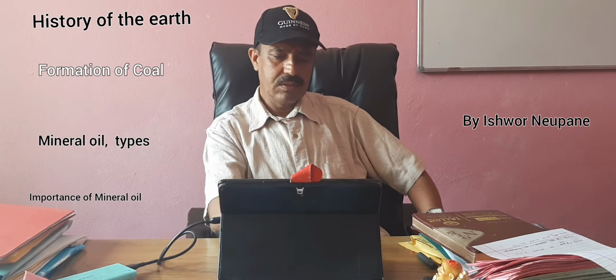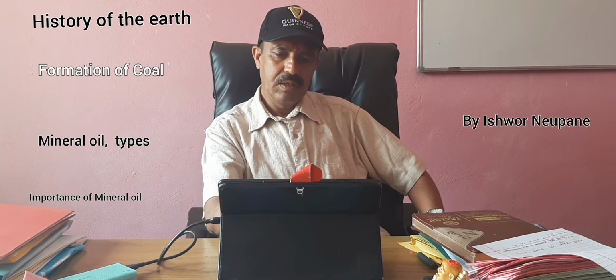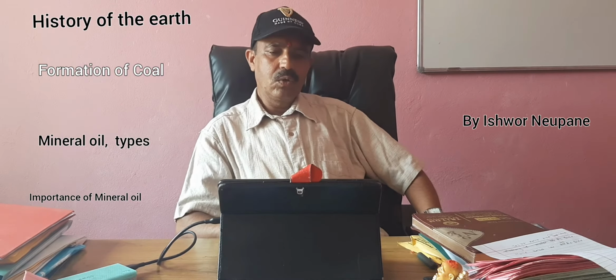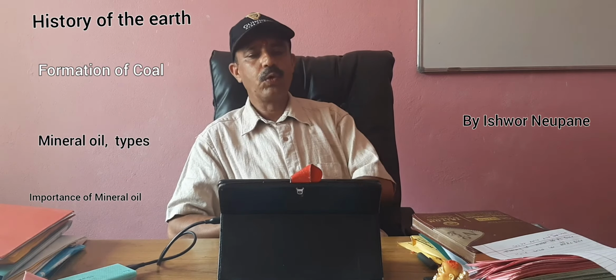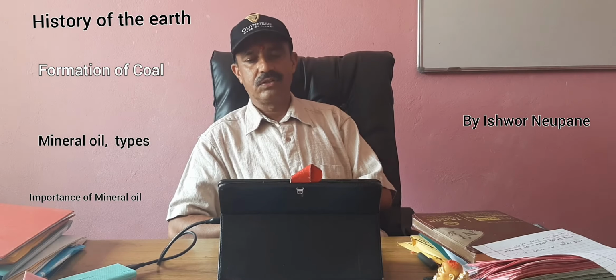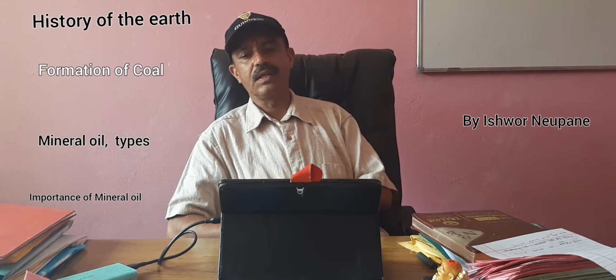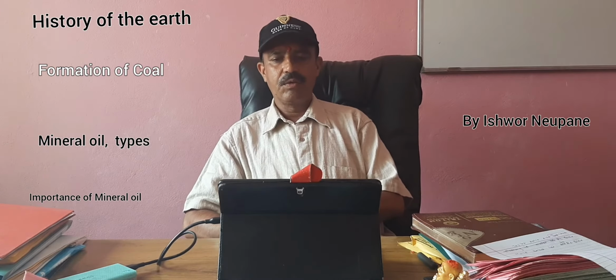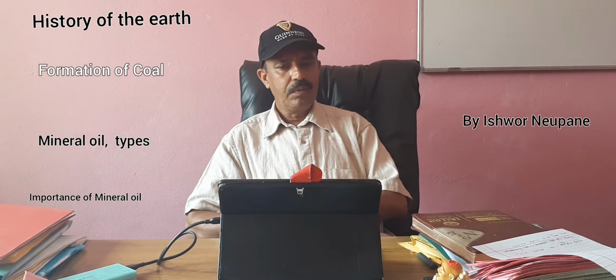So students, keep in mind, coal was formed from fast growing bushes and giant tree ferns, very big ferns which were taller than trees also. When they were buried inside the ground, later on they changed into coal.